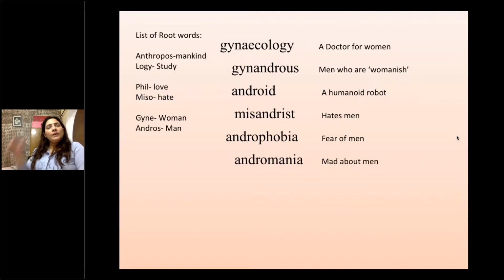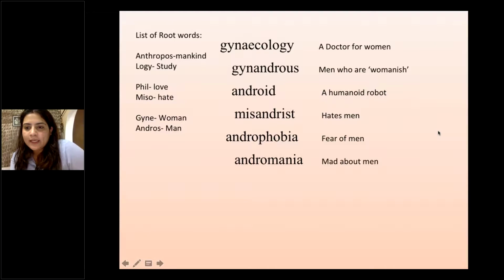Now tell me, who is a person who would probably be crazy for men? What is a person called who is probably crazy for men? Please write down your answer. What would I call such a person who has andromania? Very good. Absolutely correct.